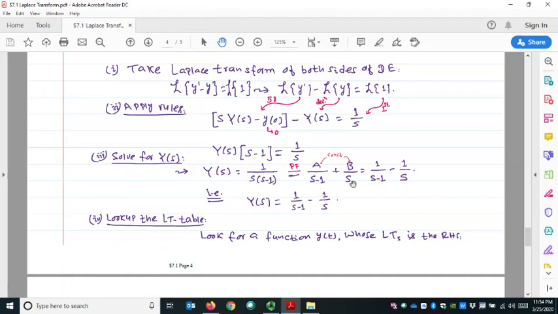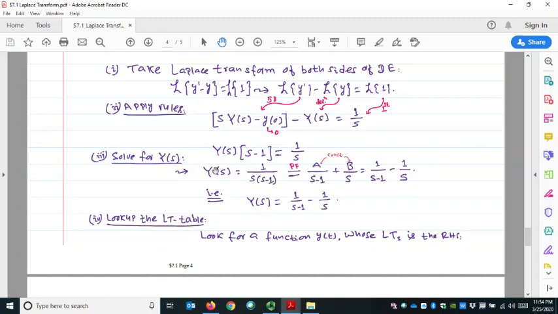But in this example, just by observation, A turned out to be 1, B turned out to be negative 1. We can check quickly. So you multiply s times (s minus 1) to the numerator, then distribute the minus s, this cancels to this s, and you have minus 1 times minus is plus 1, which is there. Great.